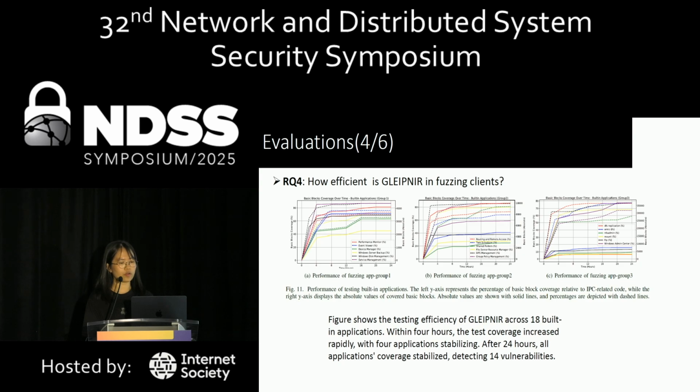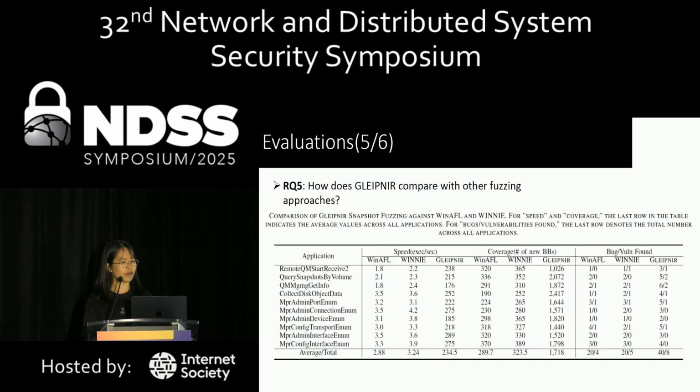And for question 4, the figure shows the testing efficiency of GLEIPNIR across 18 applications. After 24 hours, all applications' coverage stabilizes. And for question 5, we design a comparison experiment with common Windows fuzzers like WinAFL and Winnie on remote IPC clients for programs, mainly focusing on fuzzing performance and coverage.